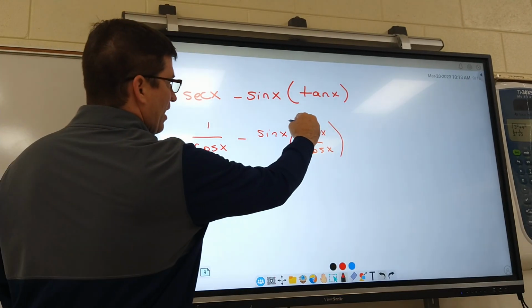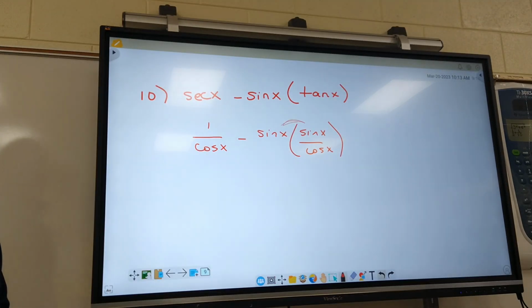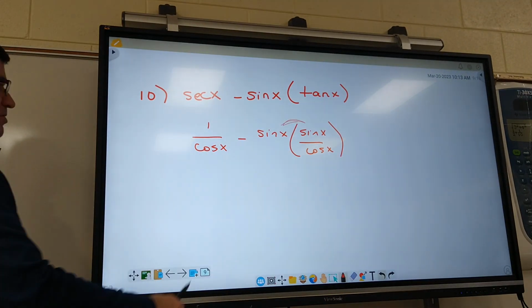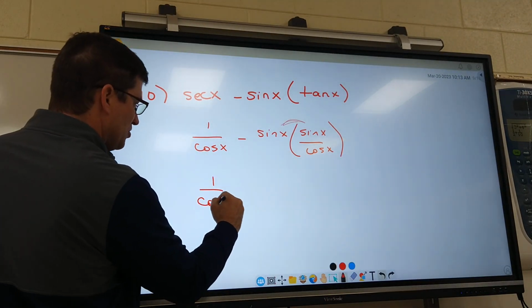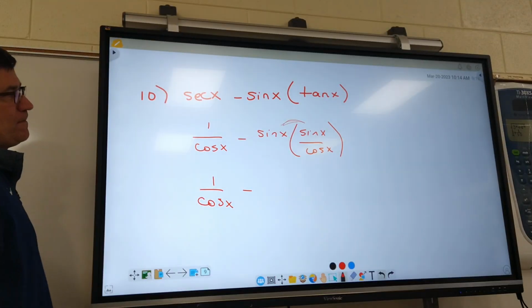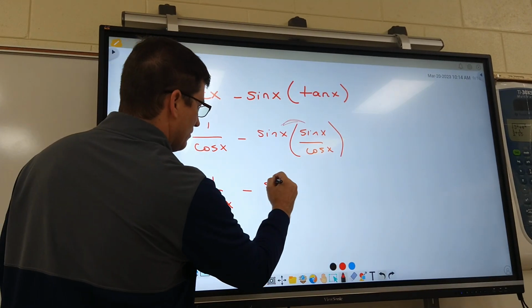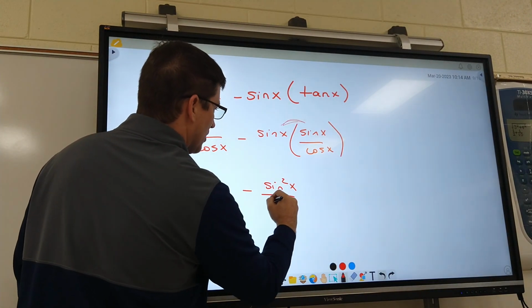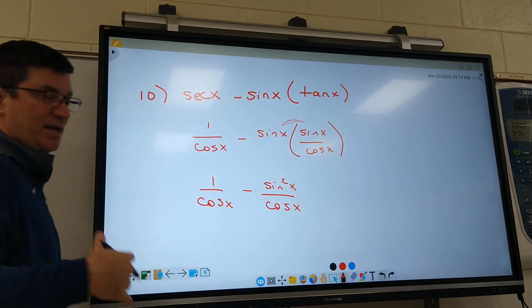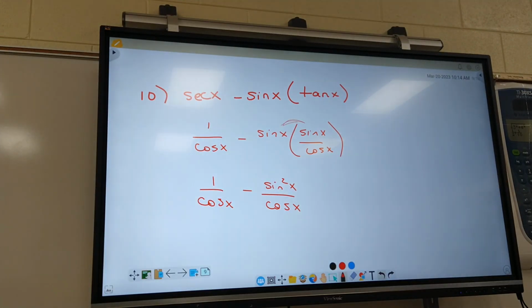So we're going to multiply first. Don't we have to multiply before we add or subtract anyway? Yeah. So now I'm going to bring down the 1 over cosine. We'll use it later. What is sine times sine going to give us on top? Good. All right, so Matthew, we had to save the minus sign anyway because we had to multiply before we add or subtract. So now we're to here.